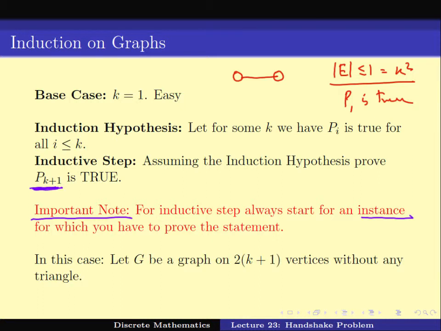In this case, we should say, okay, let G be a graph on 2k plus 1 vertices without any triangle. And now we should use this graph and the induction hypothesis to prove that this graph has at most k plus 1 whole square edges.